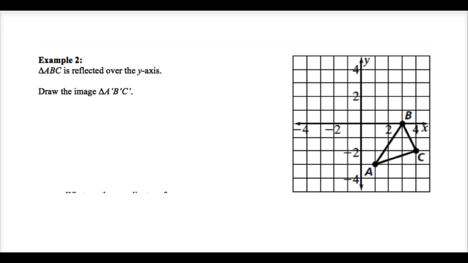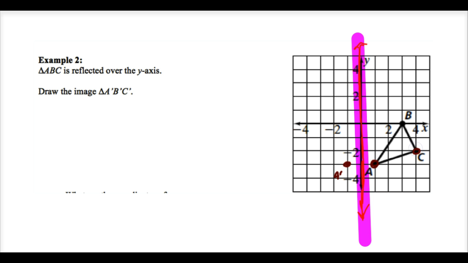Now let's reflect one over the y-axis. Same deal. All your points of your triangle, A, B, C, and we're going to reflect it directly over that line. Let's highlight it a little bit deeper here so we can see it. Point A is 1 spot away, so we will go 1 spot away over here and label A prime.